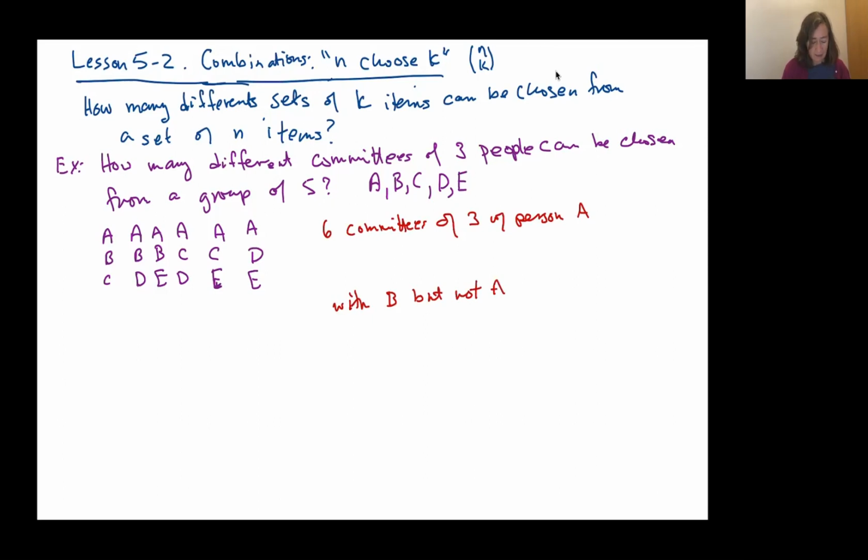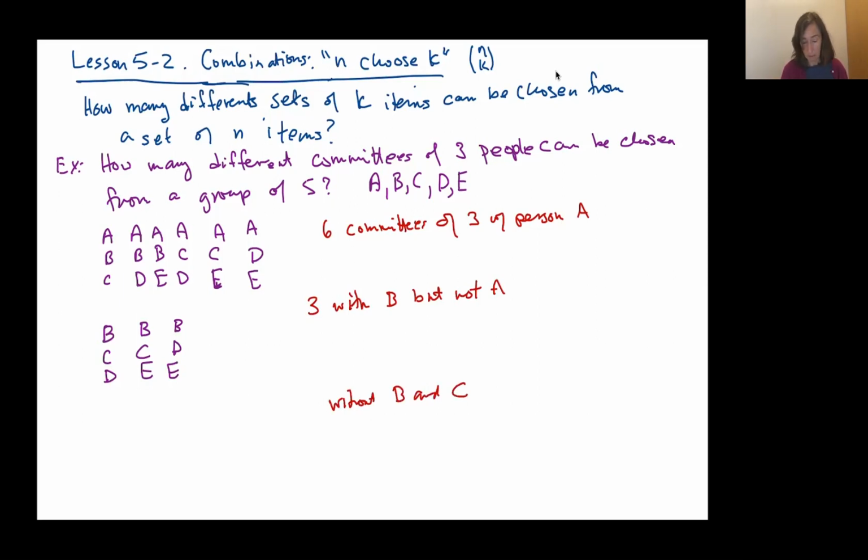So we can have person B, C, and D. We can have B, C, and E. And we can have B, D, and E. That's all the ones that have B but not A. So 3 there. And now we also want to look at how many without B and A.